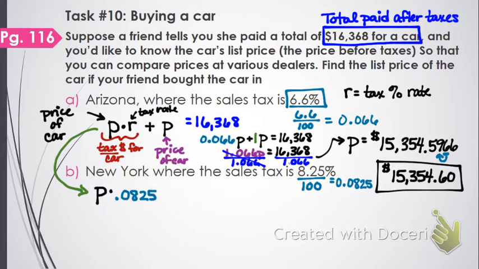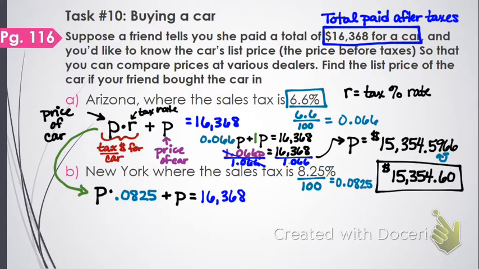All right, so I've got those pieces substituted in. You said we don't know the price, so I'm going to have plus P. What else do I need? Final cost, 16,368.